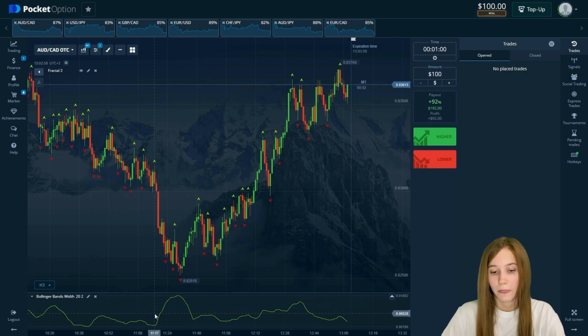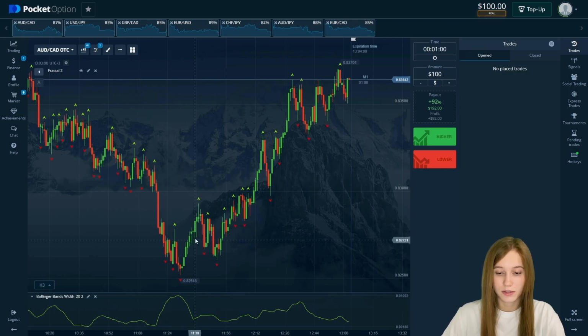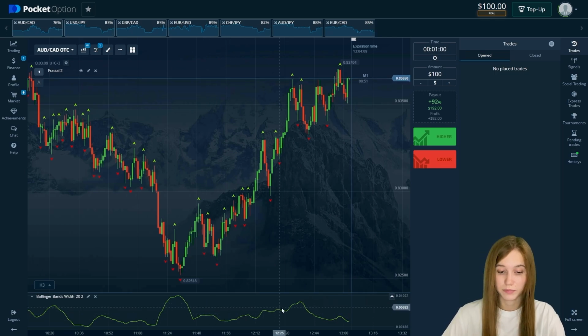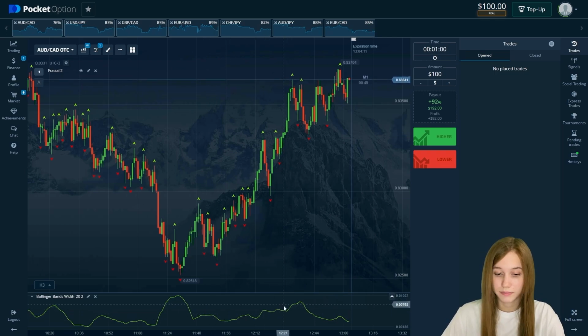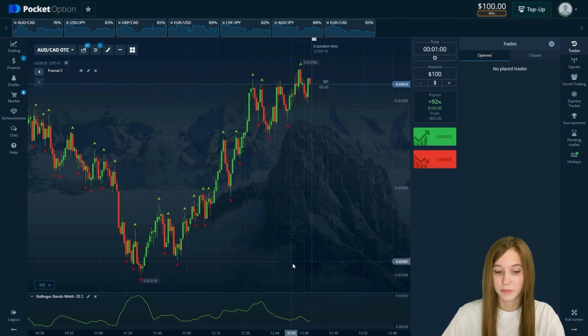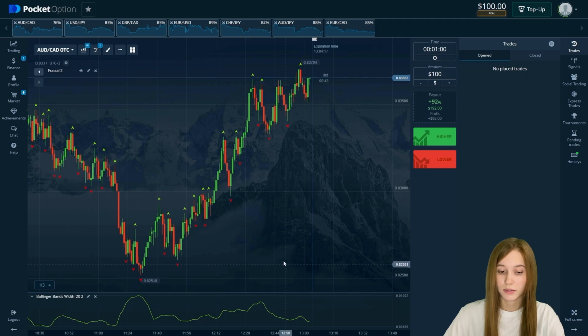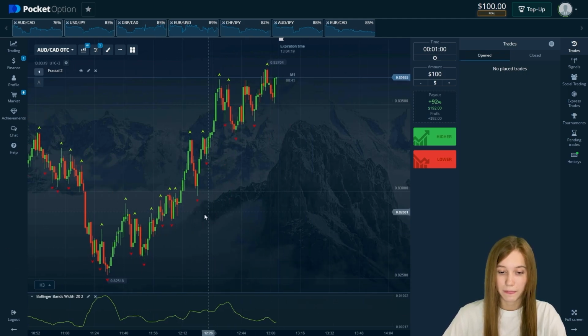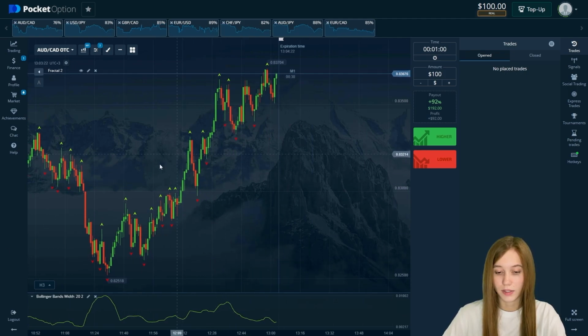So you see this sharp falling, and then we see some growth. With pullbacks, it began to fall. Since growth occurs as smoothly as possible with rollbacks. So our indicator works like this.